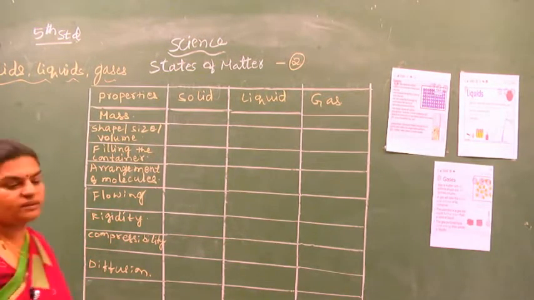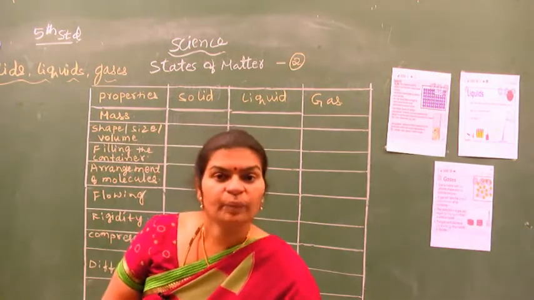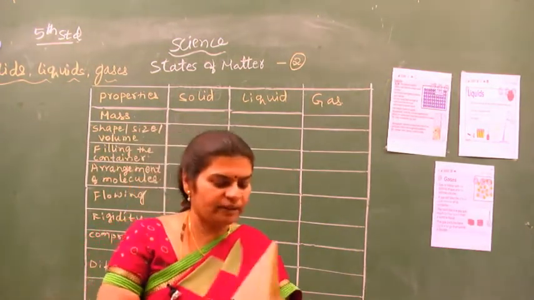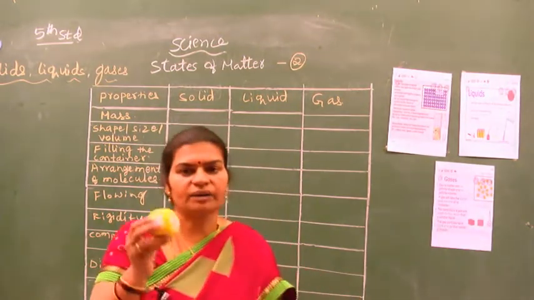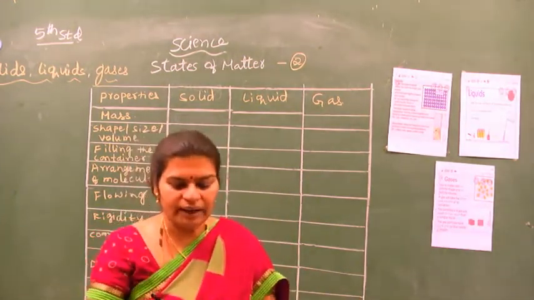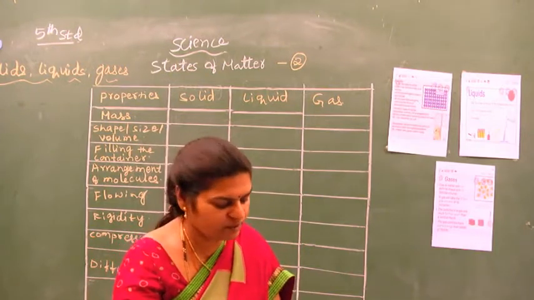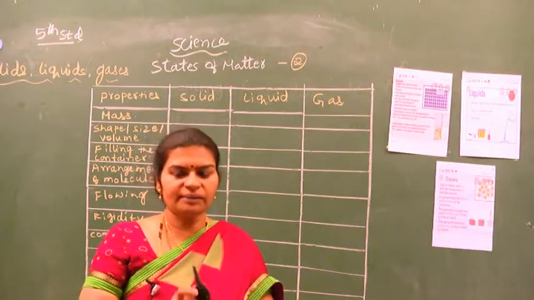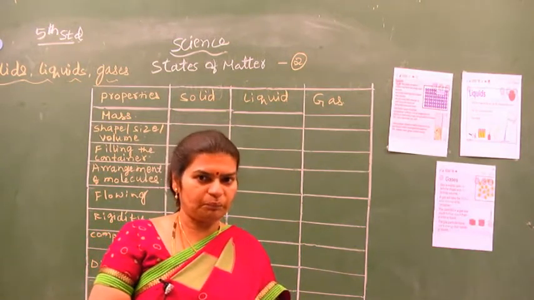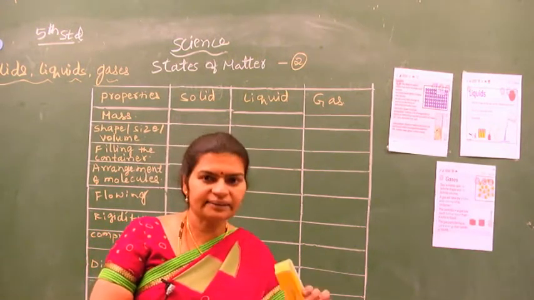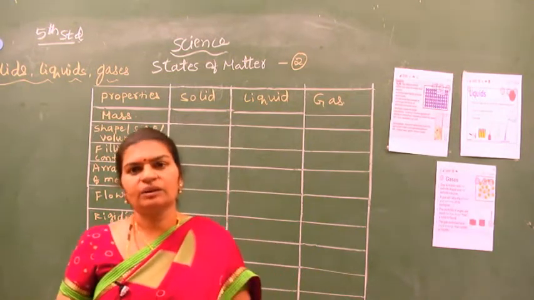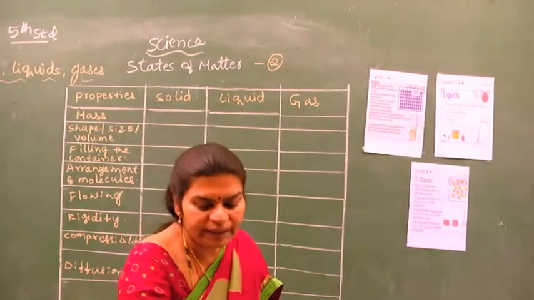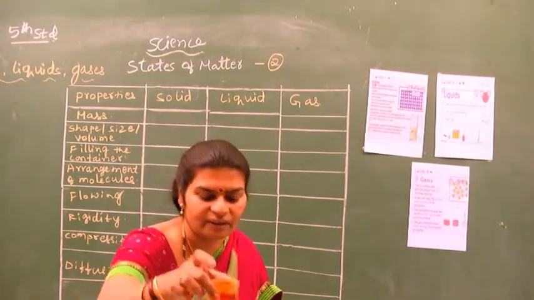When I say solid, you are going to see the pictures. This is a pyramid and it is a solid, and here we have the paper weight, it is a solid, and the bottle, it is a solid, and here we are using this to blow the balloons. It is a solid, and the duster is a solid, the table is a solid. The next one, water, is a liquid, and we have this colored substance, it is a liquid.